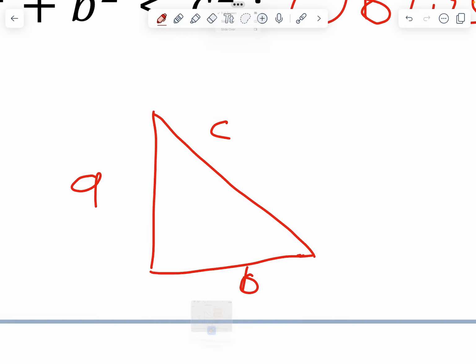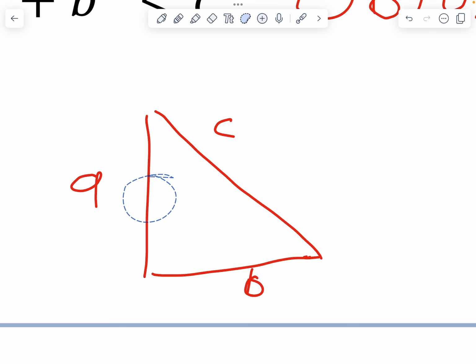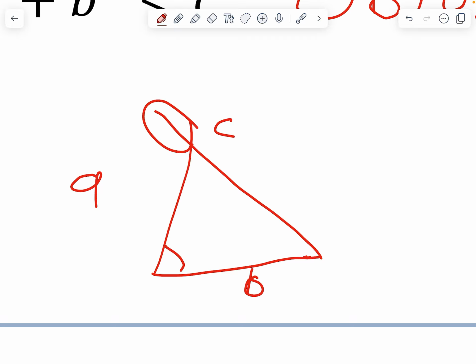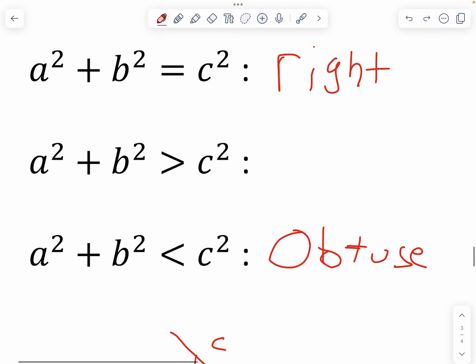If c squared is too small, then that means that we have an acute angle. Is this going to work? Yeah, if c squared is too small, that means this is not a right angle, it's an acute angle, and you can see we have this extra space over here, so c has gotten smaller, right? So if c squared is less than a squared plus b squared, then you have an acute triangle.